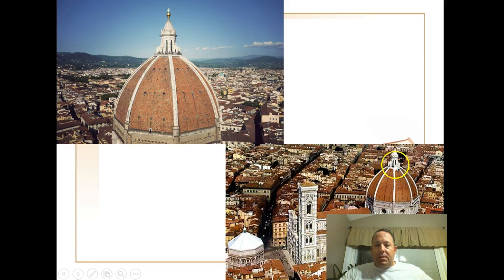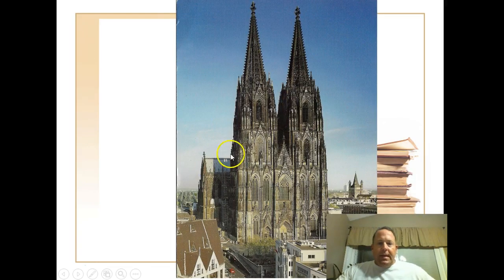This is 350, 400 feet tall, all told. I think the dome itself is almost 200 feet tall, but all combined it's over 400 feet tall. And this is a prototypical medieval Gothic church with the tall spires.